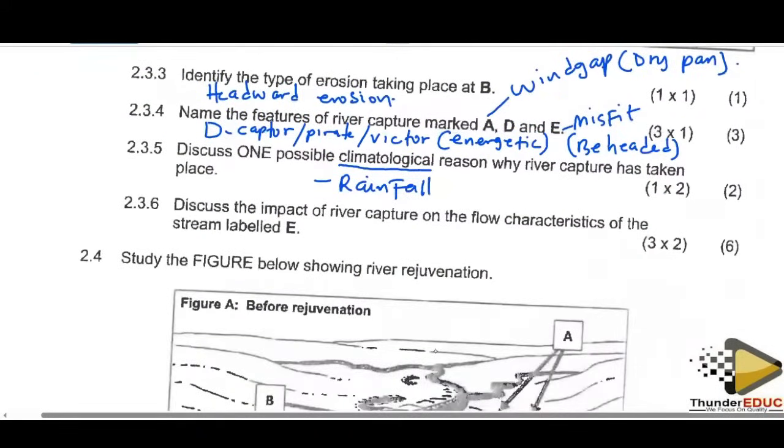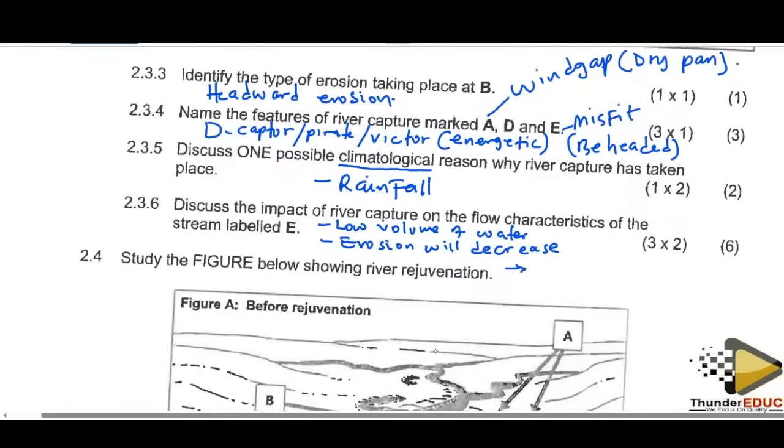So we could say one of the impacts: it will have low volume of water, its erosion will decrease.